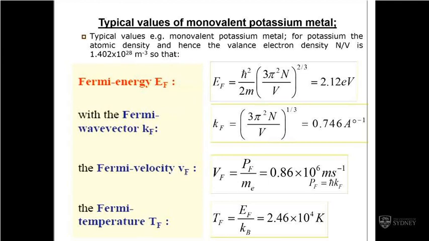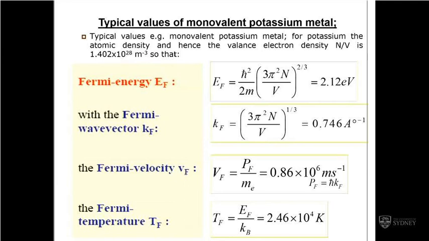So they're always of the order of, say, 2 to 11 eV or so for the Fermi energy. You can calculate the Fermi wave vector here, and you will get a value of about 0.7 inverse angstroms for this potassium.